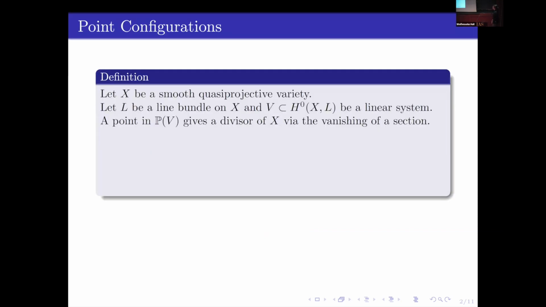Okay, so let's start by taking a smooth quasi-projective variety X. We take a line bundle L on X and consider a linear system V. For each global section of L on X, we can consider its vanishing locus.